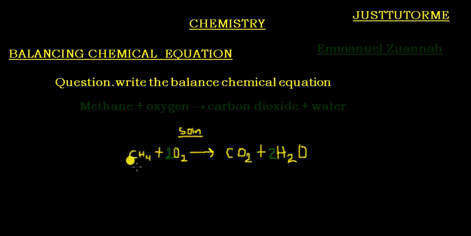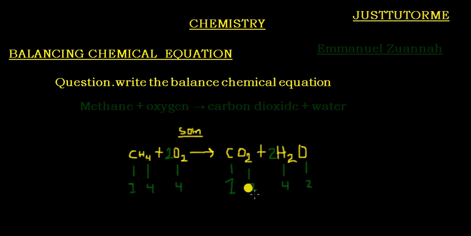So we now have carbon 1, hydrogen 4, oxygen 2 times 2, which is 4, in the reactant. In the product, carbon is 1, oxygen is 2, plus hydrogen is 4 and oxygen is 2.